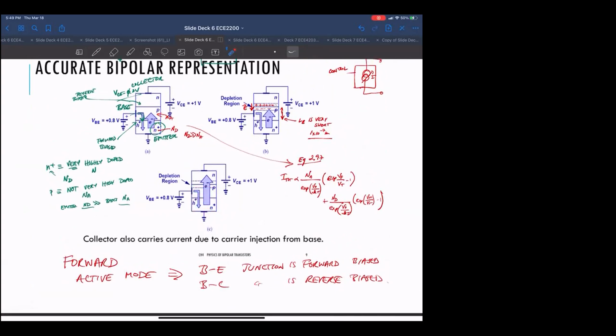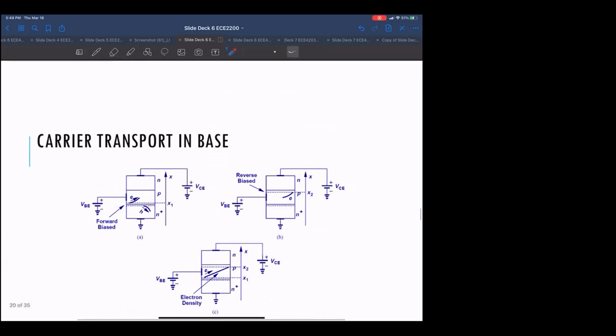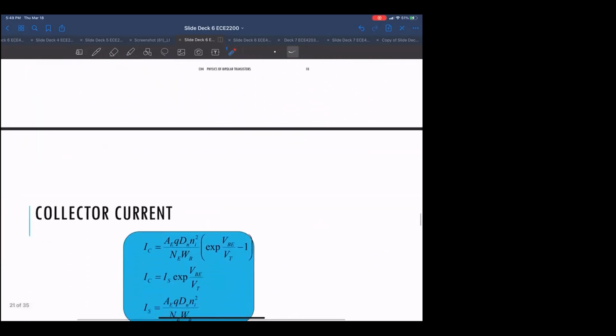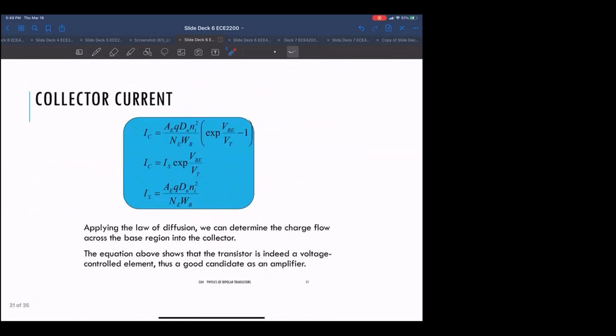The base width or length, depending on how you look at it, is very small. And a small base emitter voltage is modulating or controlling a very large electron current from the emitter to the collector. So basically what you end up with is an equation like this as your endpoint.